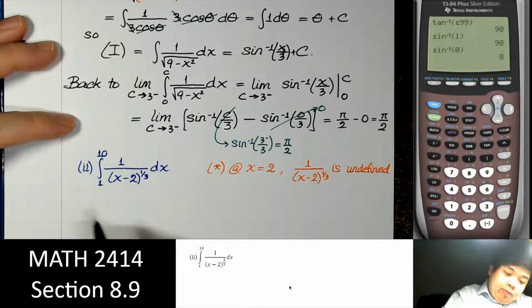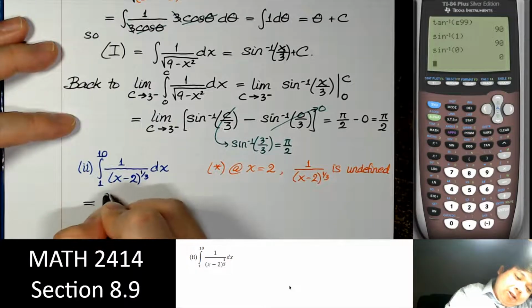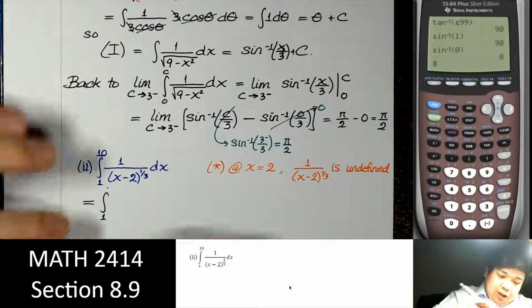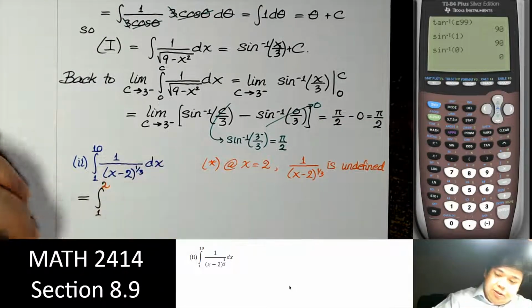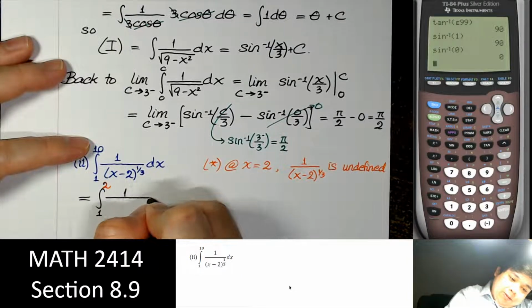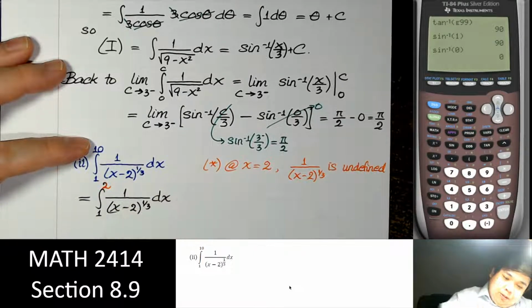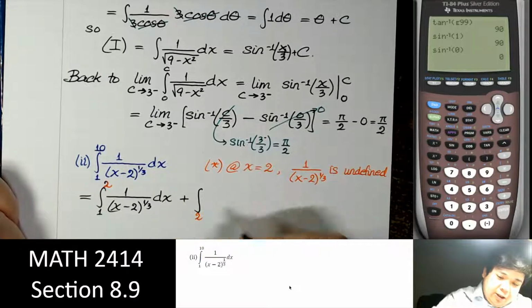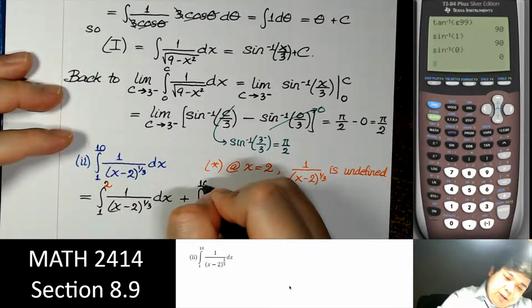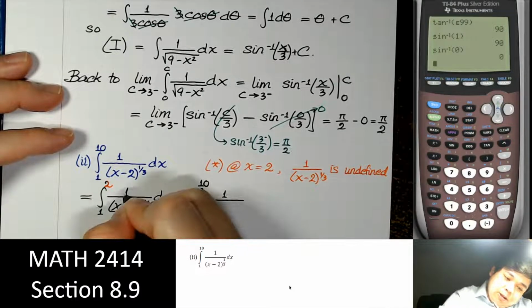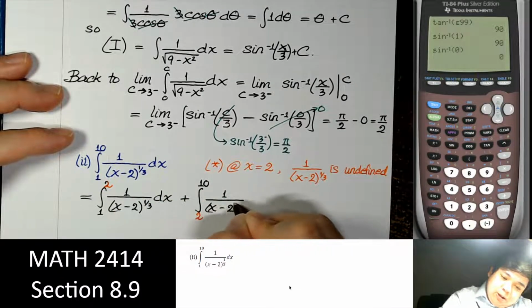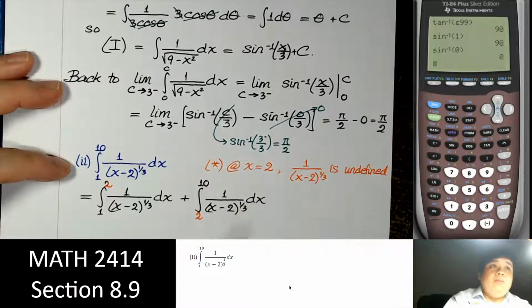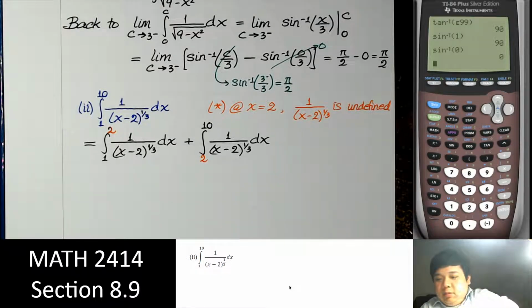If there's a problem at that point, we'll split at 2.